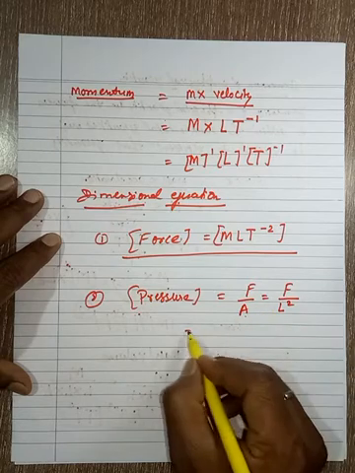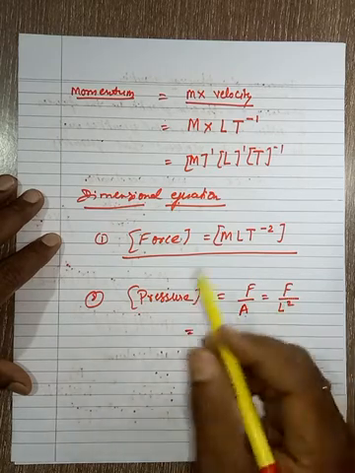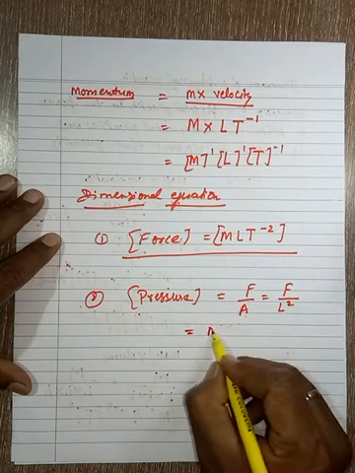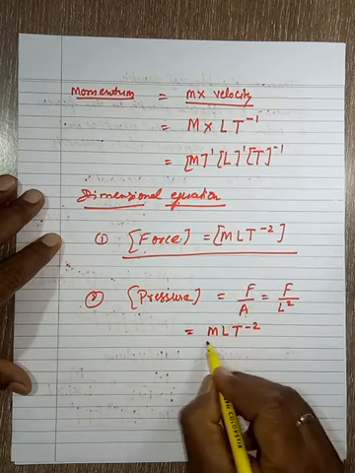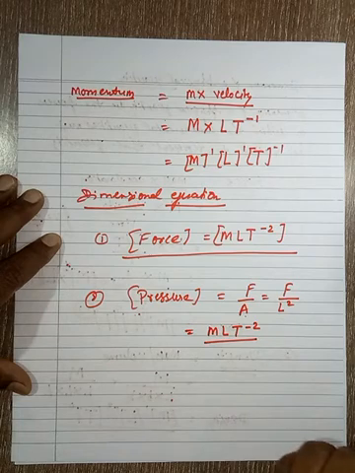Now if we put in the formula for force, that is M L T minus 2, upon L square.